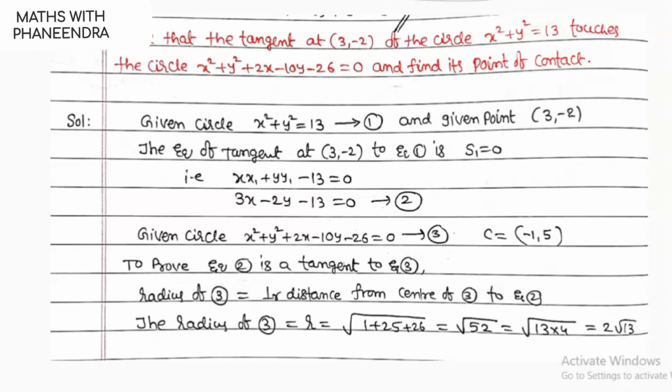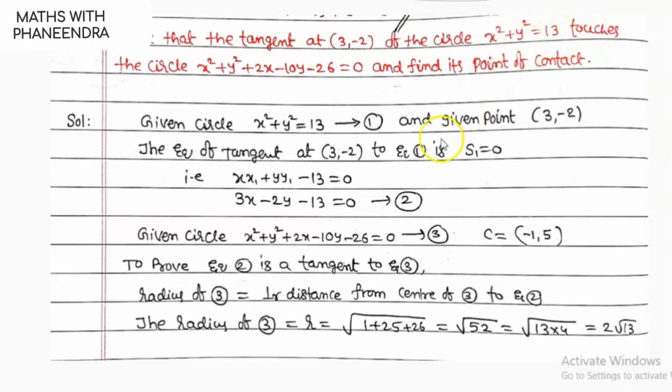So xx1 + yy1 - 13 = 0. In place of x1, y1, we replace with (3, -2). So x into 3 plus y into -2 minus 13 equal to 0: 3x - 2y - 13 = 0. This is the equation of tangent at (3, -2) to the circle x^2 + y^2 = 13.